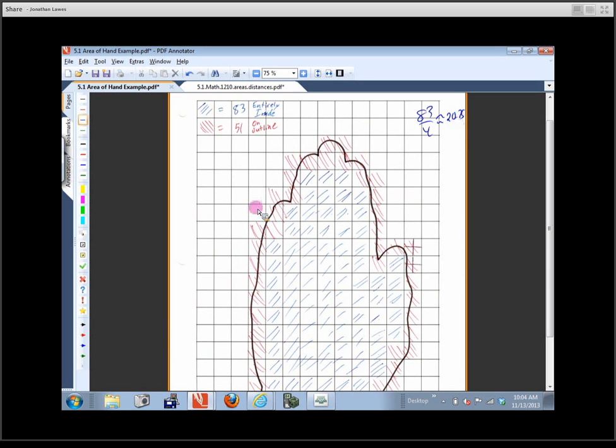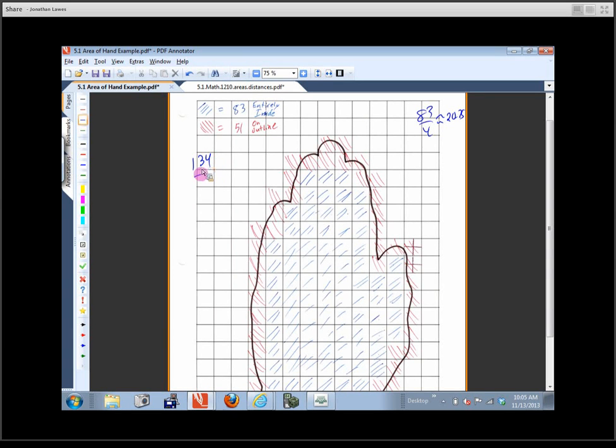The other thing that we could do is count anything on the inside and anything that even touches the border. I went through and counted how many border squares there were, and there were 51 of them. If I add the two of those together, I end up with 134.